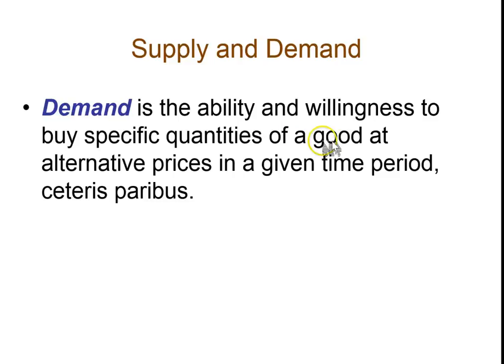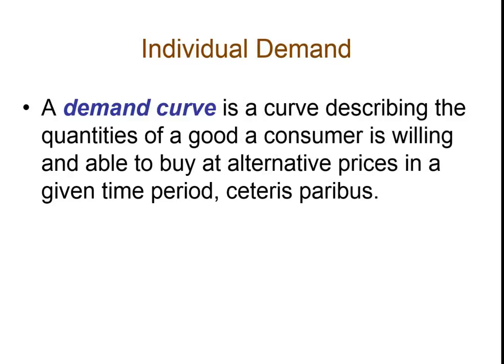And in order to be part of the survey, you've got to have the ability and willingness to demand a particular good at different prices. So basically you're asked, how much are you able and willing to buy at this price? You log it in. Then you ask, how much are you able and willing at a different price? And basically, you take this information and you create something called a demand curve.